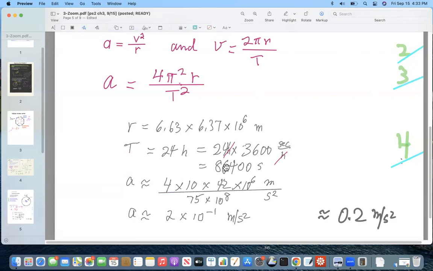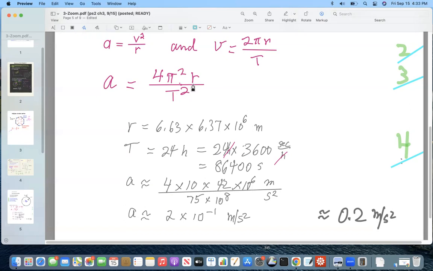So it's 86,400 seconds. So A is 4 pi squared. Well, pi squared is about 10, so let's call it 10. r, well, 6 times 6 would be 36, 7 times 7 would be 49, so this product will be about 42. And the power of 10 is 10 to the 6.